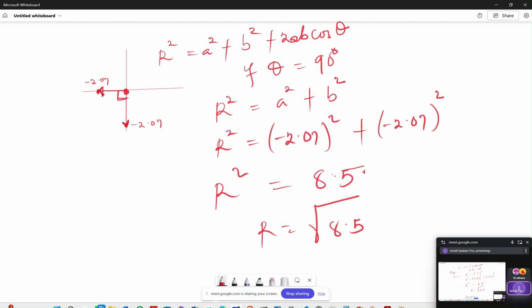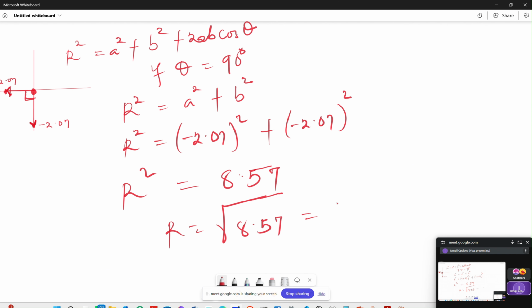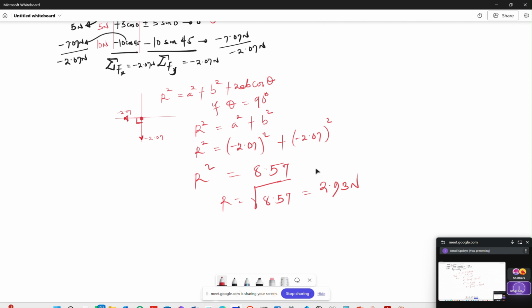So take the square root of 8.57. What do we have? 2.93 Newton. Okay, so that will be your resultant.